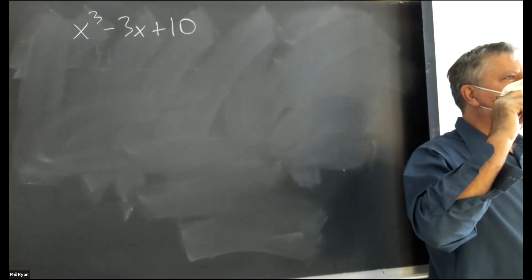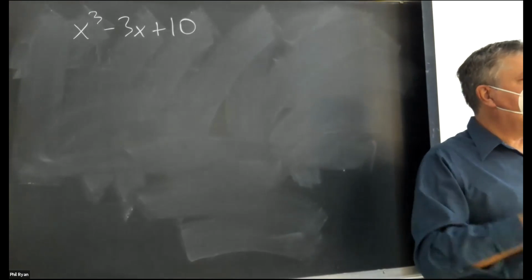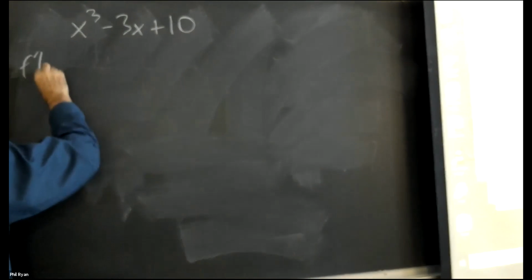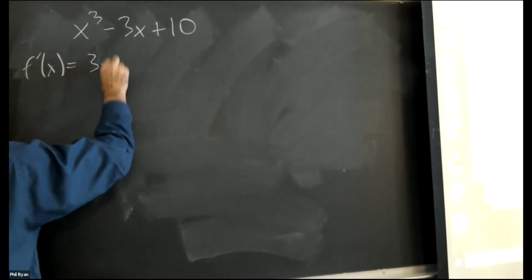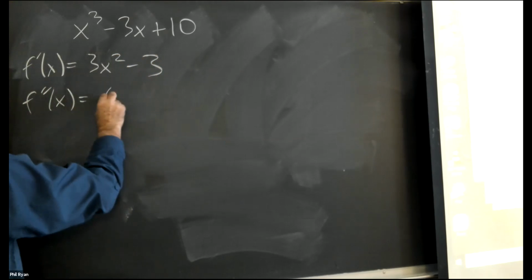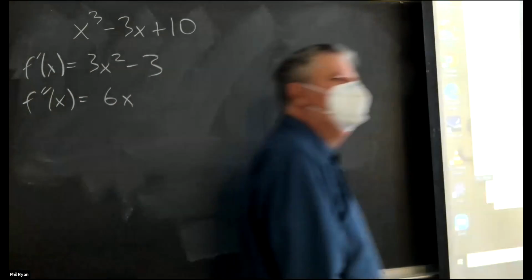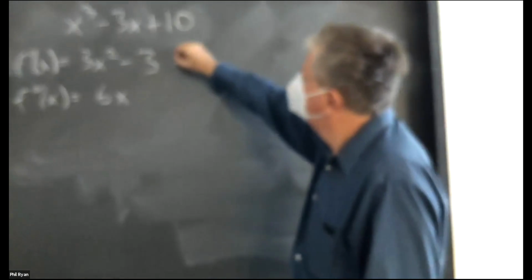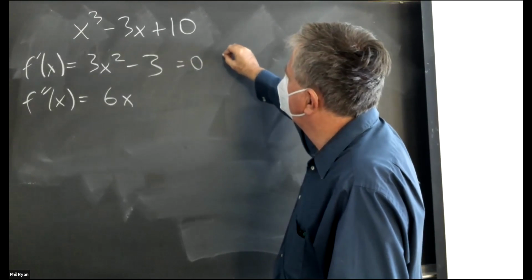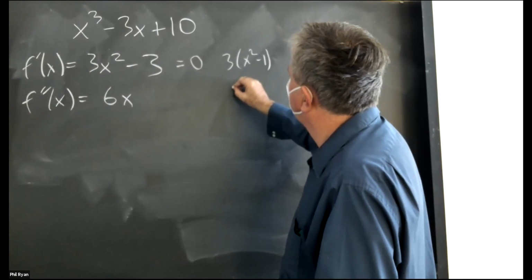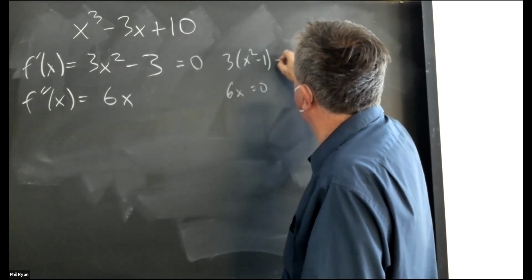So a standard long problem would be, I give you a function and then you start taking derivatives and setting them equal to 0. So this would be 3 times x squared minus 1 equals 0, and this is 6x equals 0.